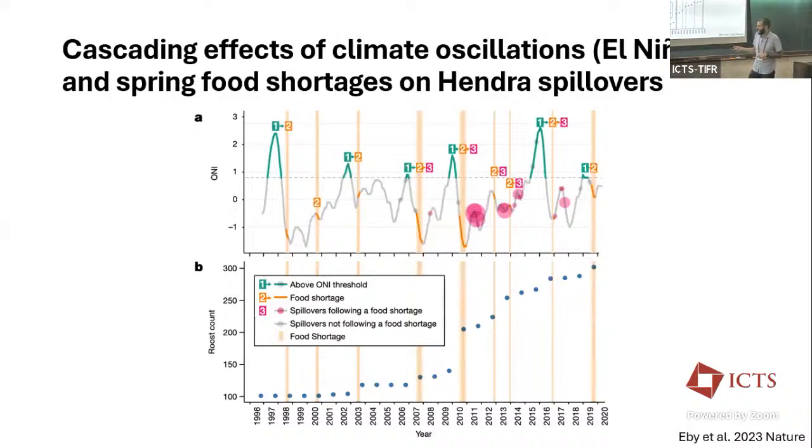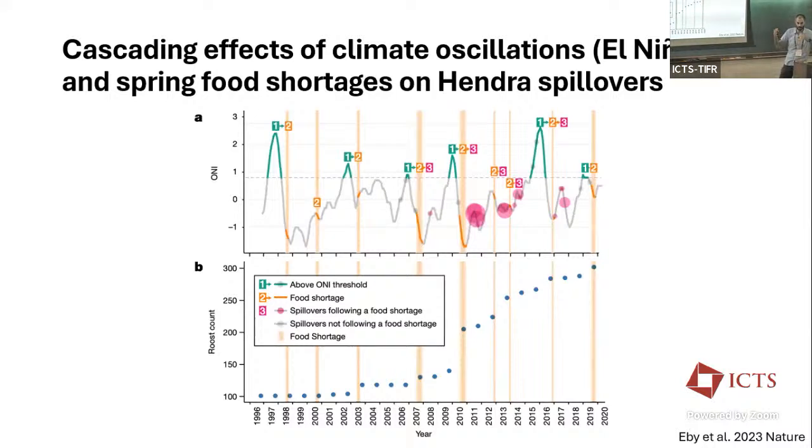But as each food shortage has happened in this landscape, these populations have fractioned, right? They've broken up and joined these smaller roosts. And so we now have many more roosts in the environment. They're much closer to each other, but they're much smaller, right? So we've seen this stepwise effect of food shortages on these bats.